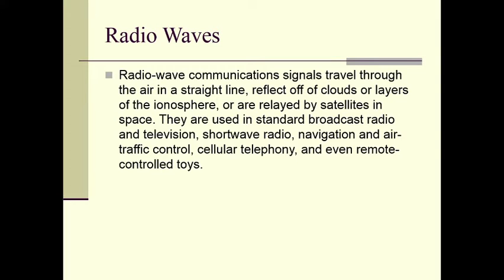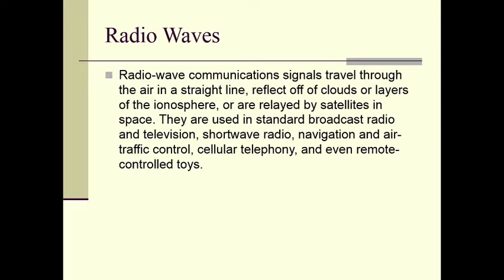Let us first study the radio waves. Radio wave communications signals travel through the air in a straight line, reflect off clouds or layers of the ionosphere, or are relayed by satellites in space.